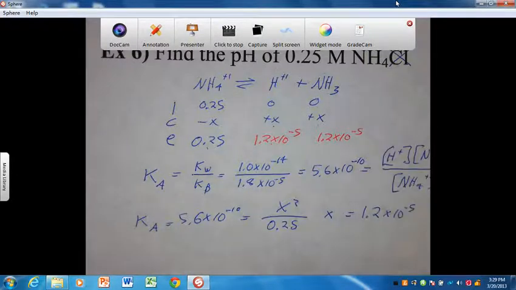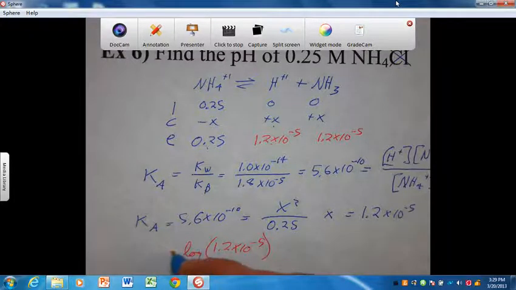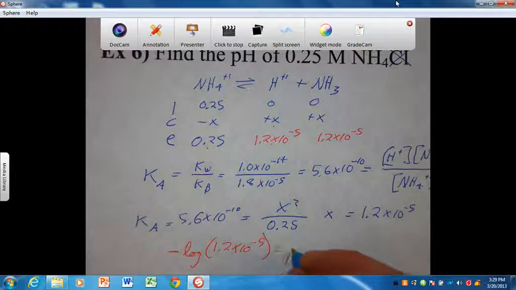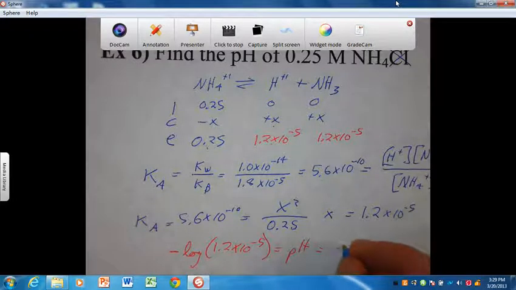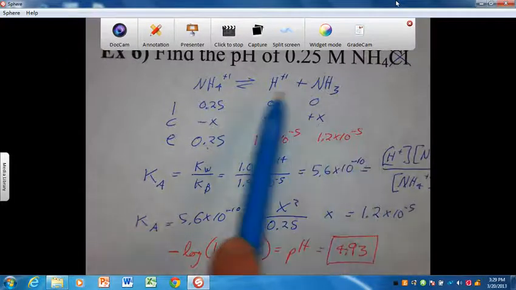So that's what we're going to do next. The log of 1.2 times 10 to the minus 5, and then taking that value and making it negative will equal the pH, and that gives me an answer of 4.93. That's my final answer, and that sounds reasonable because we expected this to be an acidic salt, and the pH is slightly acidic.